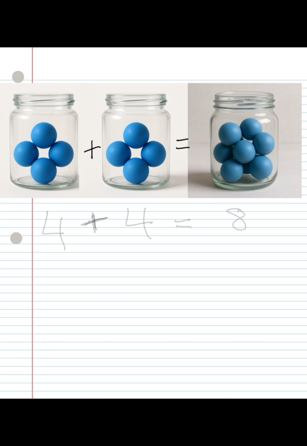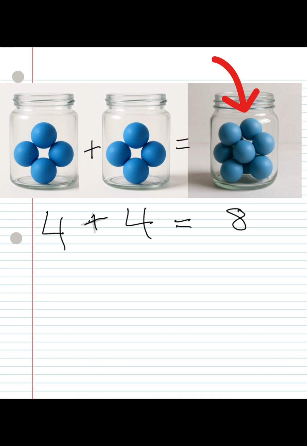So here we have a jar of 4 blue objects, and we have 2 of those, so we can add 4 plus 4, and we get a total of 8 objects.